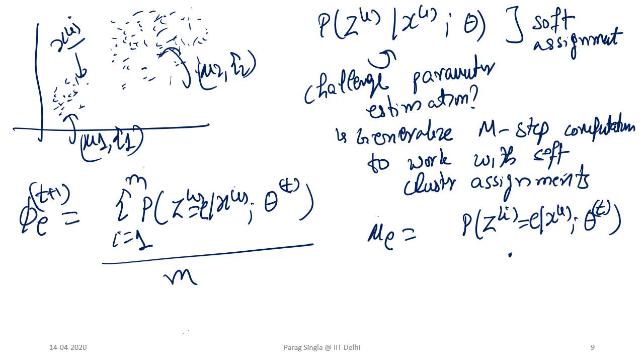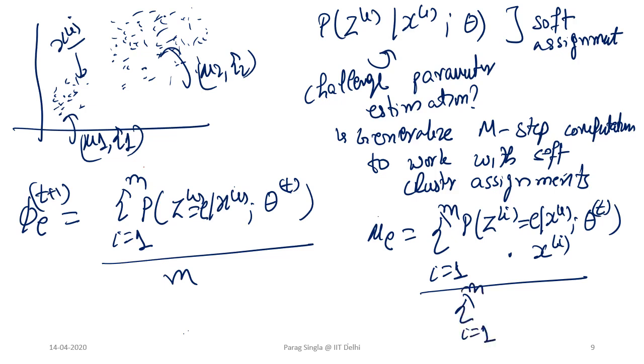And then with this probability that this point i belongs to cluster L, we will weigh each of these examples xi, i equal to 1 to m, and then divide by the total number of points which belong to this cluster, where the number of points is again computed using this soft assignment.